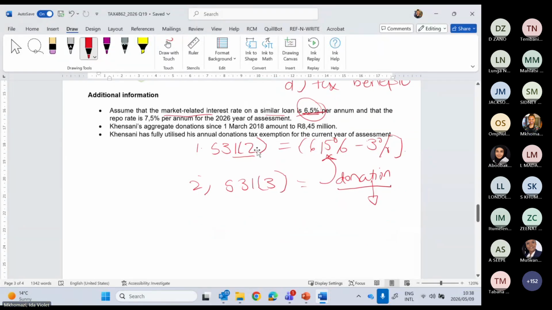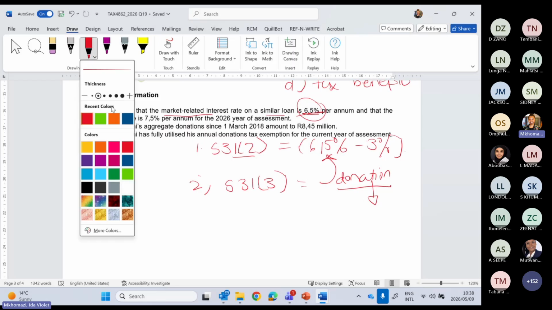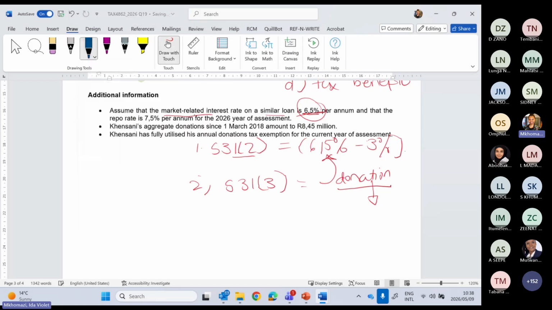The last thing that you might have picked up or considered in this transaction is the provisions of Section 7C. If I'm not mistaken, you will learn about Section 7C later on in topic 5.